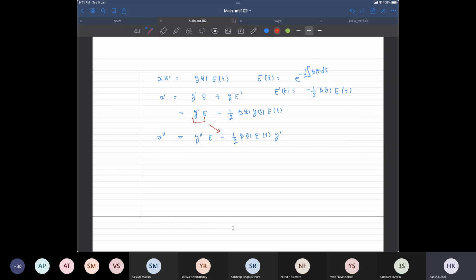Then we go to the second one, and it has three terms, so we'll use the chain rule for the three functions. So minus half p prime y e plus p y prime e minus half p y again p e. This is what we'll get.